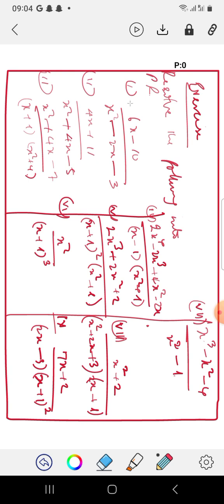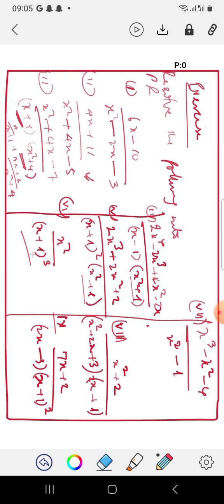If we take a look at the first one, you see that is a straightforward thing. I think the first one can be factorized. The second one should be factorizable as well. The third one, you can't factorize this guy, so while this one is linear, it's going to be a over x plus 1 plus bx plus c over x squared plus 4. Likewise, this one is a repeated denominator.